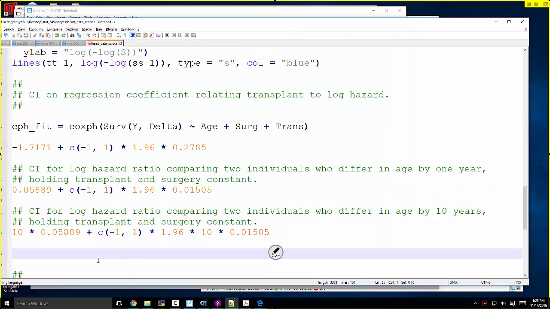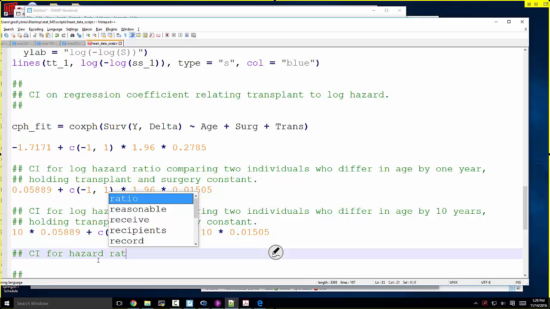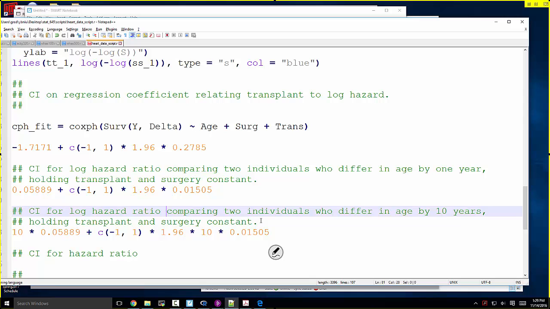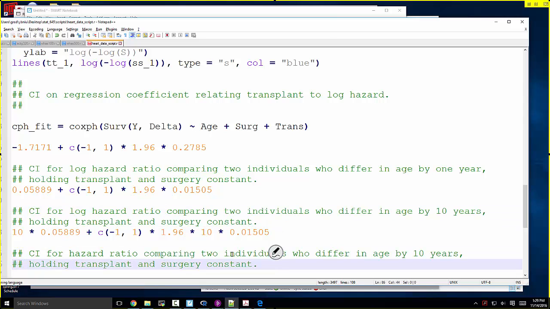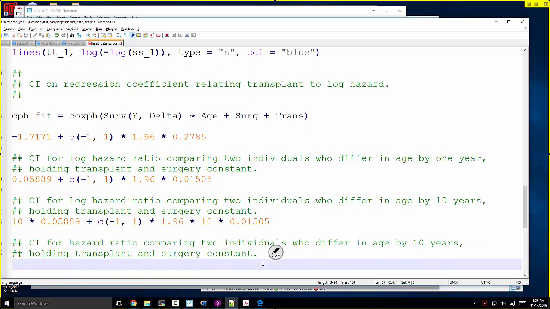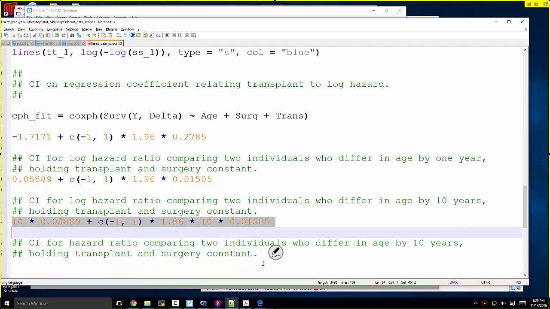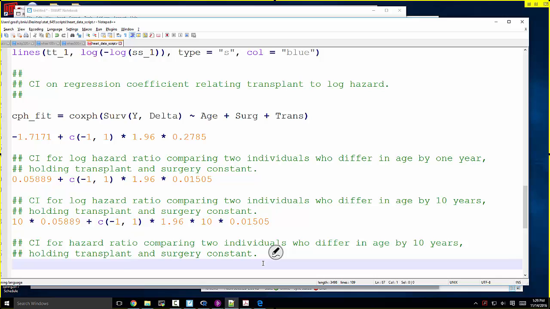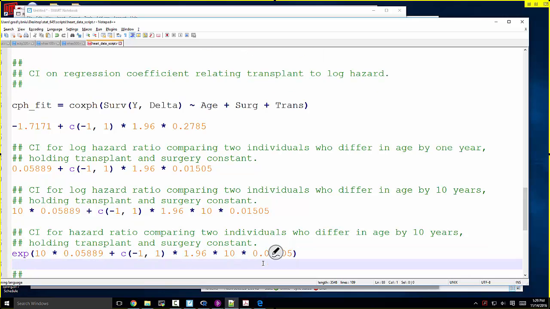And suppose we then wanted a confidence interval for not the log hazard ratio, but the hazard ratio for the same exact comparison. What we can do here is take this confidence interval for the log hazard ratio and just exponentiate it. I think I asked you something in your homework about giving a confidence interval for a particular comparison.